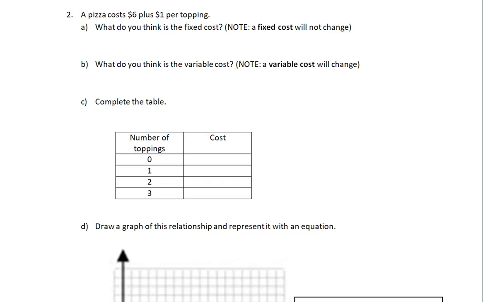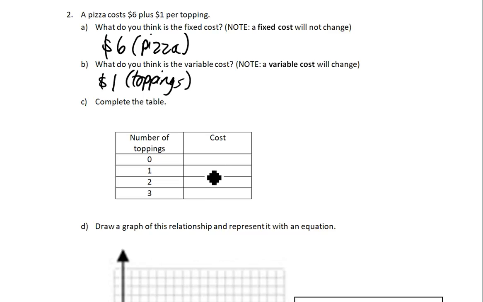So the cost of the pizza will always be $6, regardless of how many toppings we order. And the variable cost is the $1 for the topping. So if I only order one topping, that'll be $1, but if I order 3 toppings, it'll be $3. So that changes depending on how many toppings I order. If I didn't order any toppings, I would still have to pay for the pizza. So that's going to be 6, but then each topping will be $1. So now I add that $1 on.